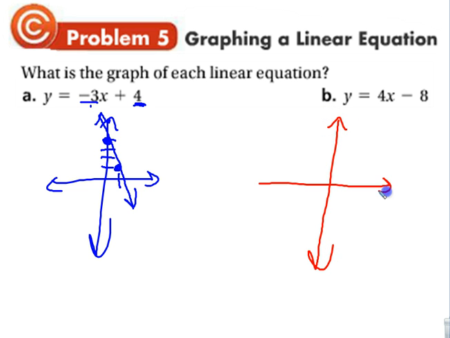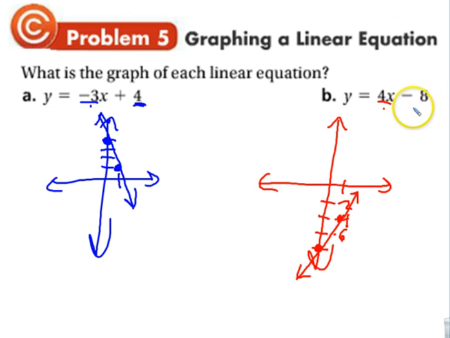Okay, here's the trick for graphing. Y-intercept. Slope. Done.